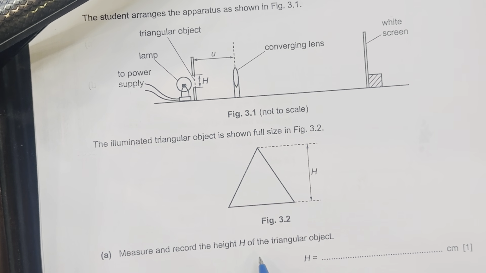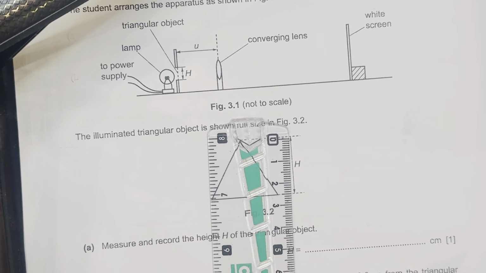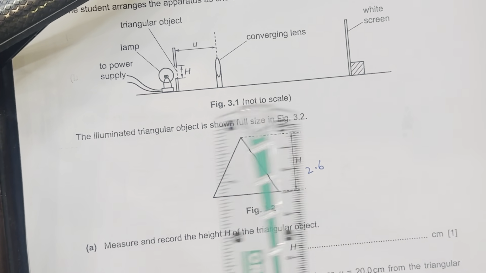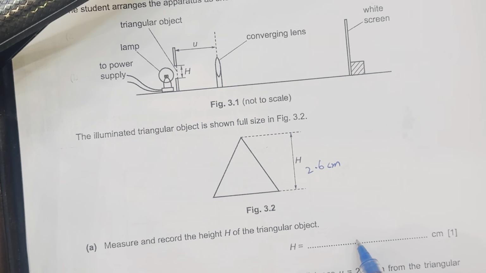Measure and record the height h of the triangular object. So we need to use the scale. The height of the object would be, I'm going to place 0 over here, 2.5, 2.6 centimeter. We're going to write over here 2.6 centimeter.